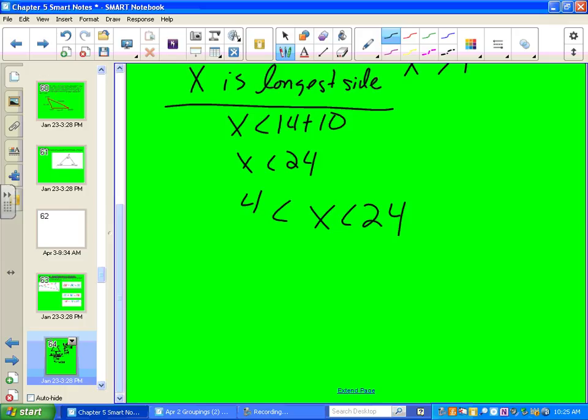If I wanted to graph that solution, how would we graph that on a number line? How would you graph x is greater than 4 and less than 24? Molly? Okay, so we have 4 and 24, and then what? Shade in the middle like that? Killian.